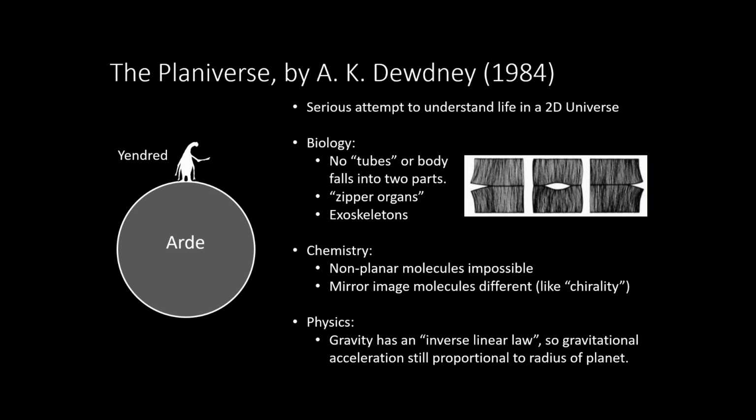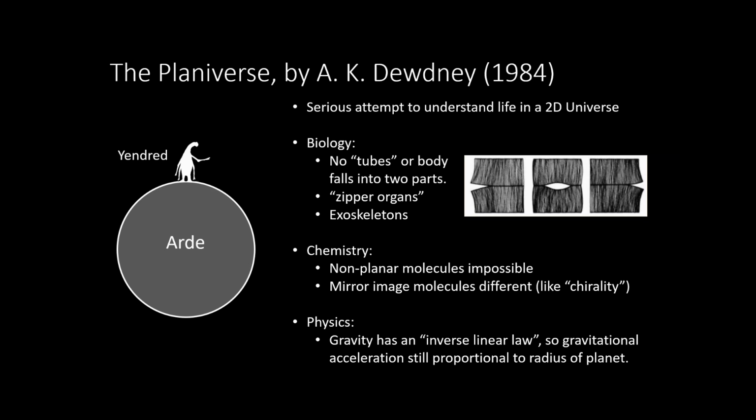But if we kept the inverse square law, then the gravity would be constant on a planet of any size. So this works better, or at least you preserve that rule about the gravitational force being proportional to the radius of the planet, if you have not an inverse square law but an inverse linear law. So this is what they propose, for example, for gravity.